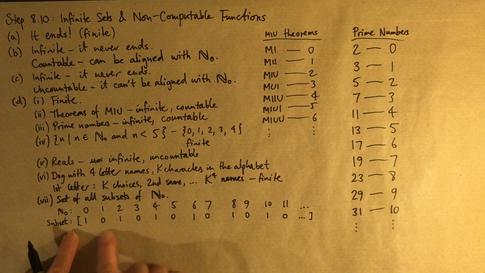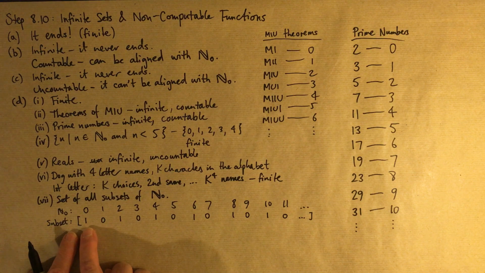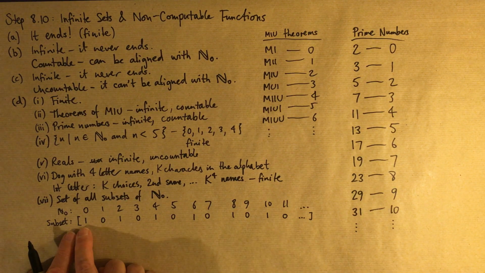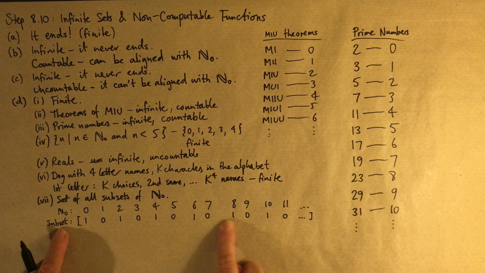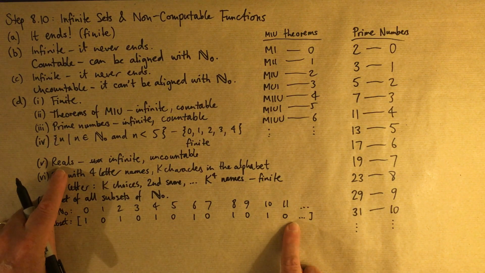So in other words, it's an infinitely long binary string. That's how I specify a subset, and this is just one subset. Now what you can see, I hope, is that an infinitely long binary string is going to behave very similarly to the infinitely long set of decimals, which is the real numbers.